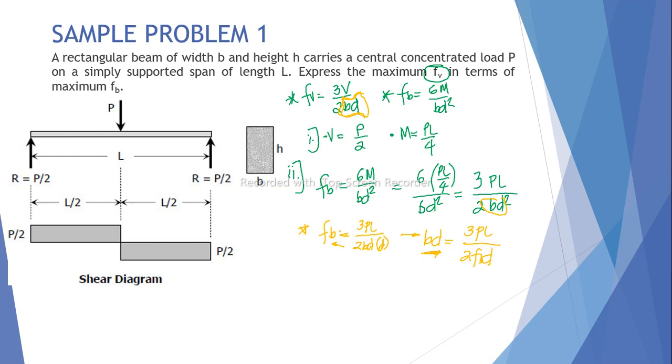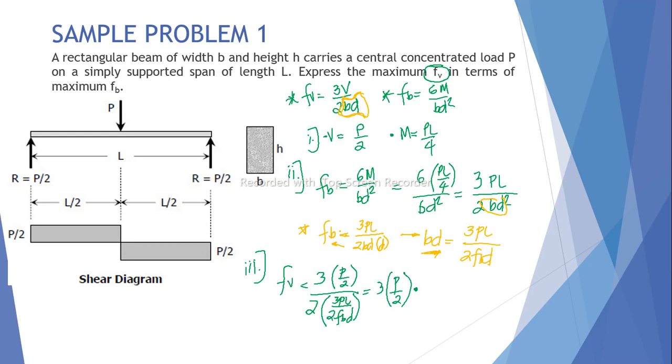Okay, so next we substitute into the shear. We have FV is equal to 3V over 2BD. The V is P over 2, over 2 times BD, which is 3PL over 2 times bending stress times depth. So to make it easier, we make it the numerator times the reciprocal of the denominator.